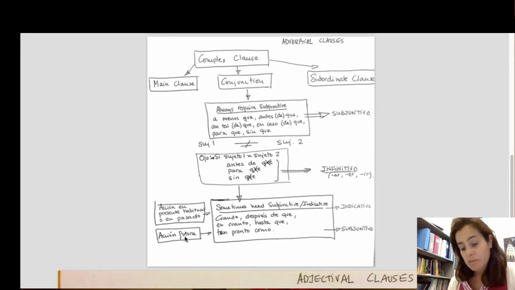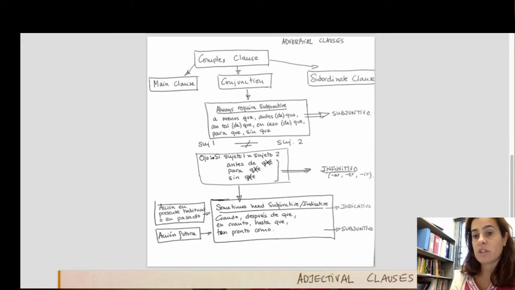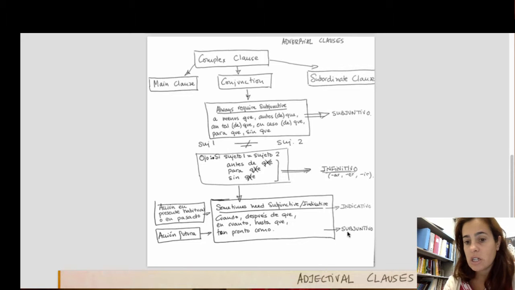But if we're talking about an action that is going to happen in the future or we don't know if it's going to happen, then we will use the subjunctive. Remember the example we always mention. Te llamaré cuando llegue. Te llamaré, something future. Cuando, the conjunction. Llegue in the subjunctive.